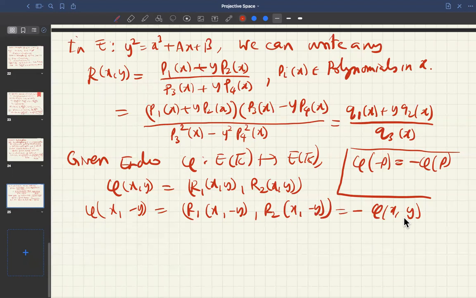Okay. So here, suppose R1 is in this form, and R2 is in this form, so can we say something? If R1 is Q1(x) plus... So this is just algebraic manipulations.